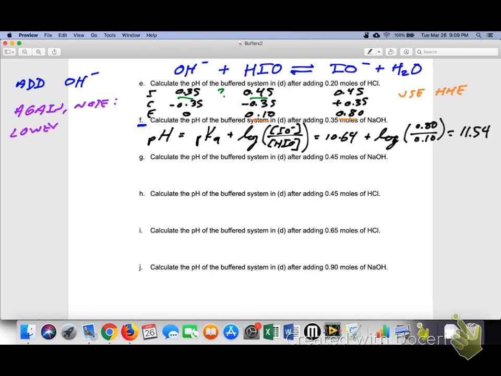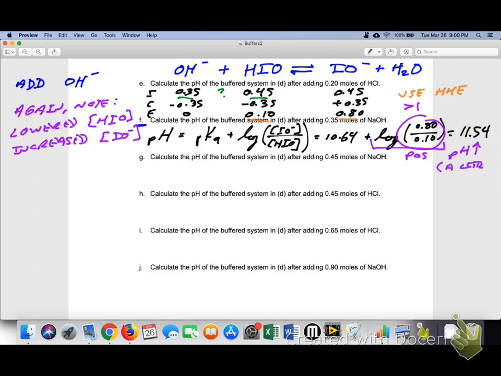The concentration goes up, the pH goes up because I added a strong base, making this term more than 1 and making log of that term positive. But it's a very small change in the pH versus adding 0.35 moles of hydroxide ion to a non-buffered solution.